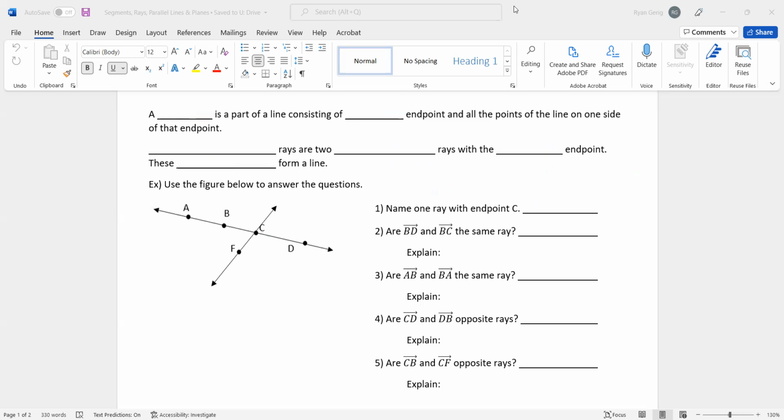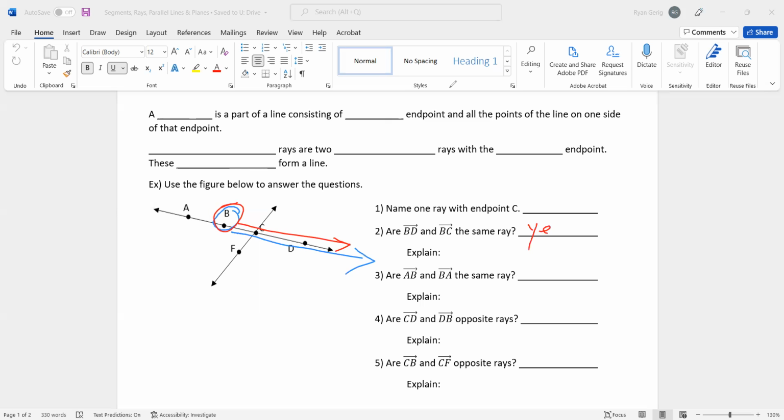Are BD and BC the same ray? And explain. So BD, the first letter always names where it starts. The second letter gives direction. So D is on that side, so it's that way. So BD is that blue ray there. BC starts at B and goes towards C. Are those the same ray?